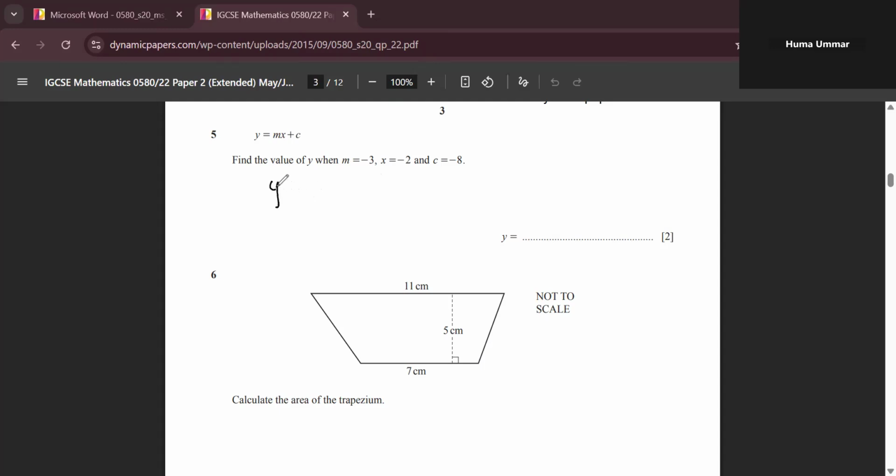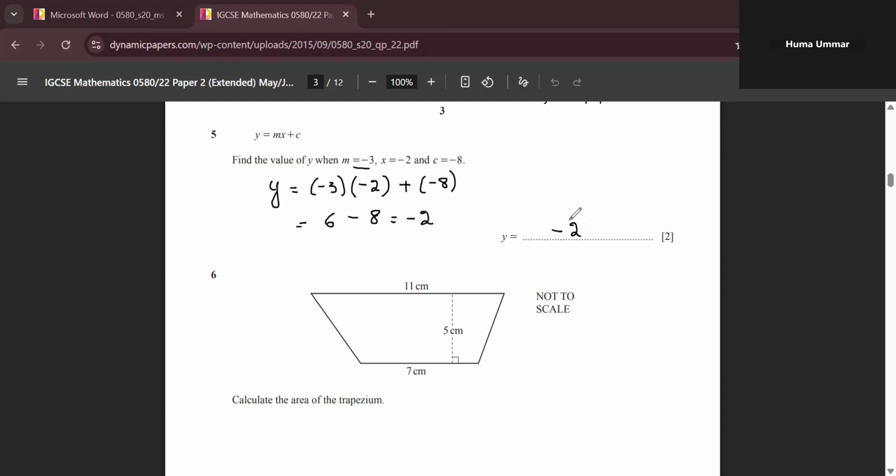So y is equal to m, which is -3, then x, which is -2, then plus c, which is -8. Please write like this. So -3 into -2 will be +6. Plus 6 minus 8 will be -2. So your answer will be -2.